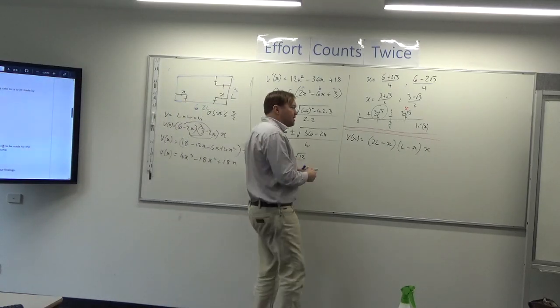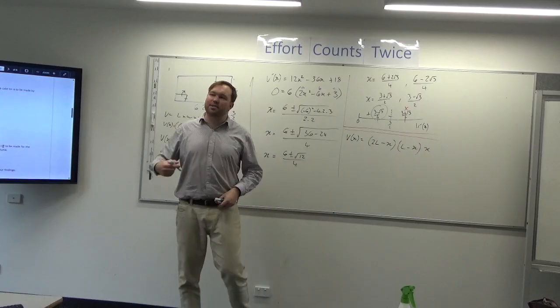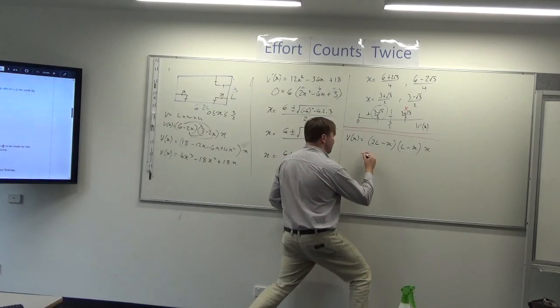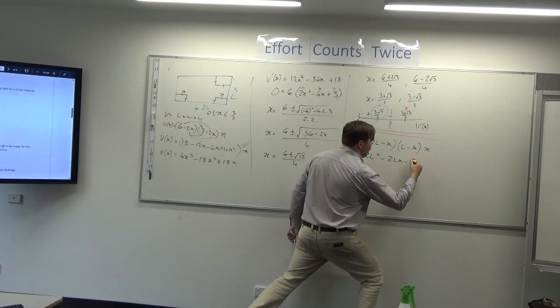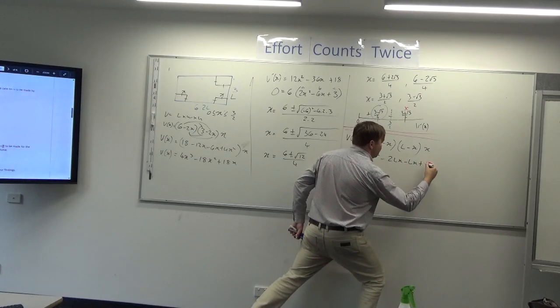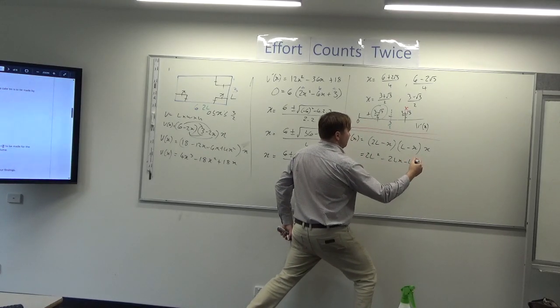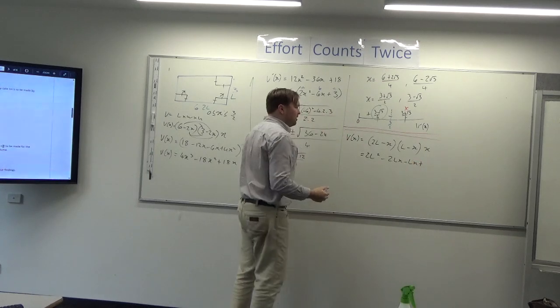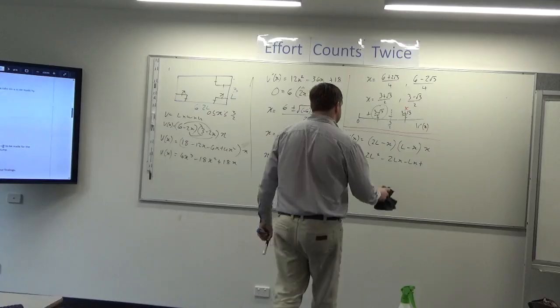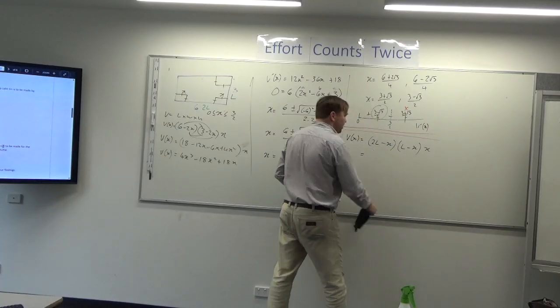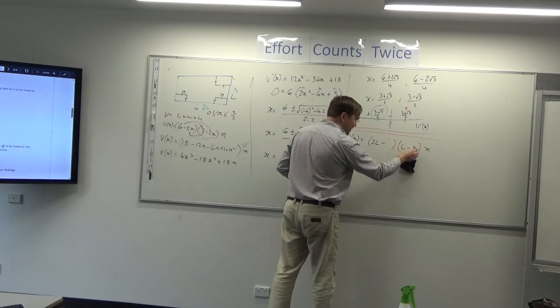Then, same process. Expand, simplify, collect like terms, tidy it up. 2L squared, take 2LX, take LX plus. Guys, you've got to yell at me when I do wrong things. Someone could have earned a Mentos there. We're not taking 1x, we've never taken 1x.